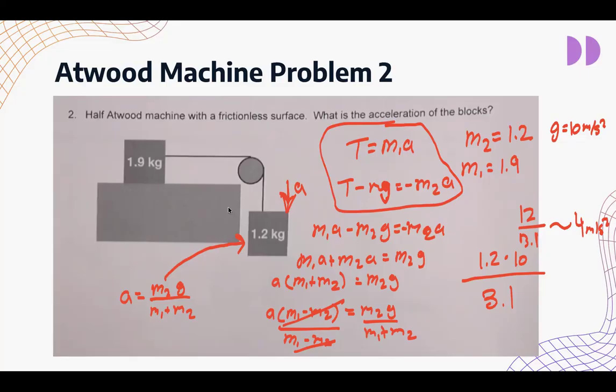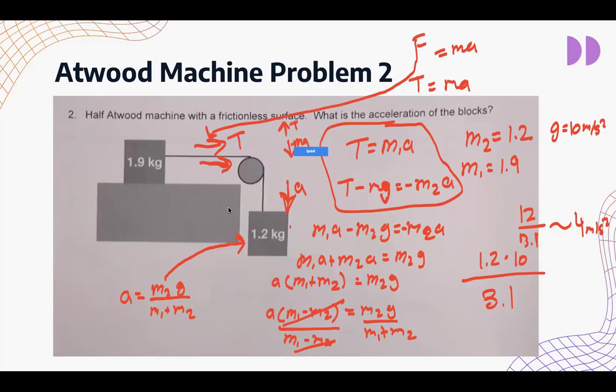But if you're stuck on this, the main problem people face is finding out what the force is equal to, right? On the 1.9 kilogram object, the only force it's facing is tension from the string. So that's just T is equal to MA. But for this 1.2 kilogram object, it's facing gravity downwards and tension upwards.